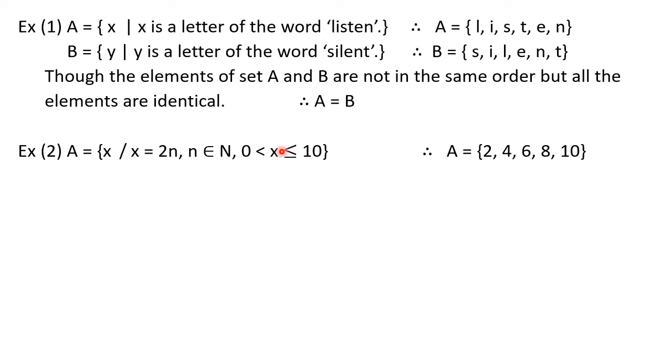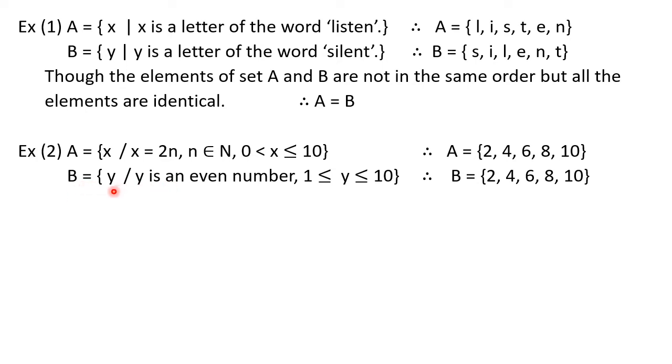And x is less than or equal to 10. So 10 is allowed because of less than or equal to. So we have to write down the table of 2 up to 10. So in list method we can write down the set as 2, 4, 6, 8 and 10. These are the elements of the set A. Let us take one more set here now.